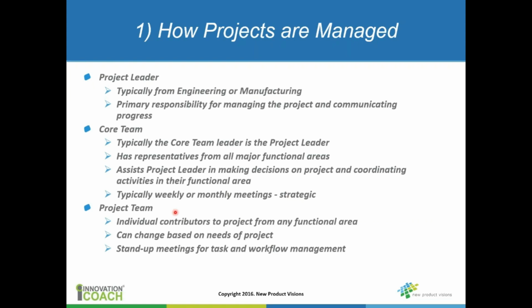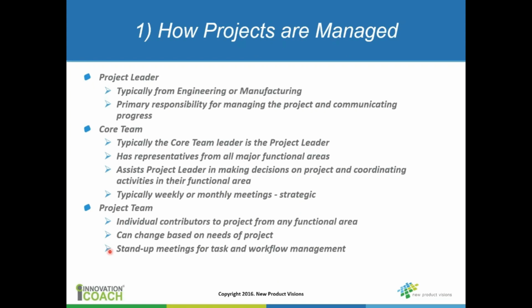And then you get down to the project team level. There might be a project team for engineering, a project team for the manufacturing organization, so there might be multiple project teams. These are the individual contributors to the project. Of course, that can change based on the needs of the project. There might be some people that are temporary and come in and out of the project as the needs arise.